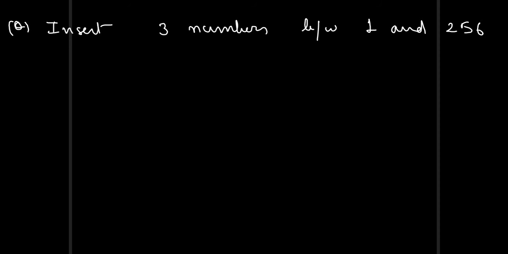We have to insert three numbers between 1 and 256. Obviously we have to get the sequence as a GP. So similarly we will write 1 and 256, and within them we have to get three terms. So let's get G1, G2 and G3.